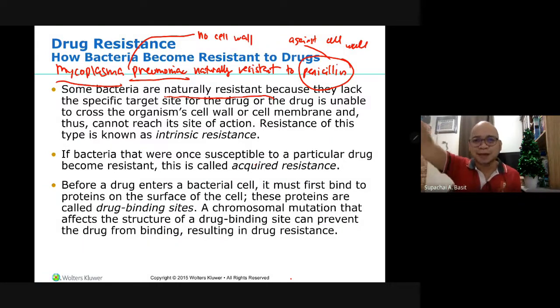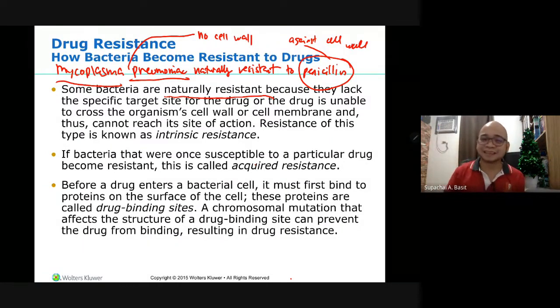If you remove the knob on the door, then even if you have the key, you'll still not be able to open the door, because the door doesn't have any keyhole for the key at all. That's the same analogy that we're using for drug resistance in bacteria.